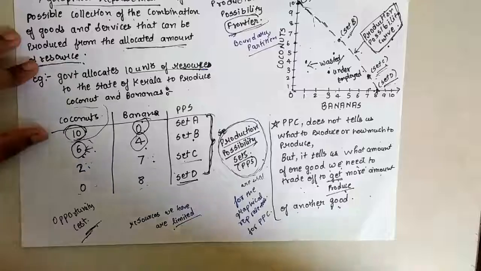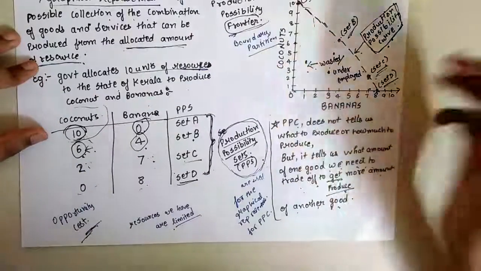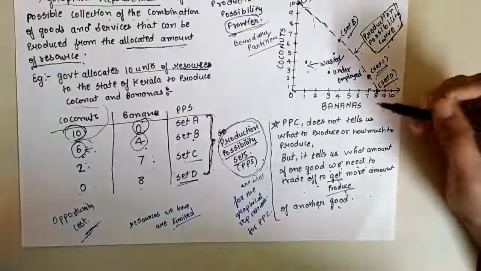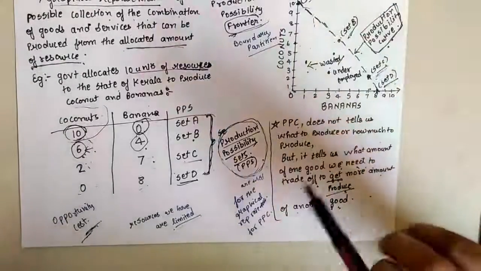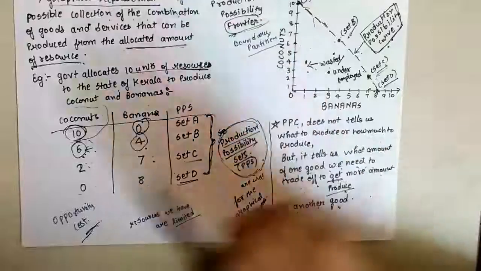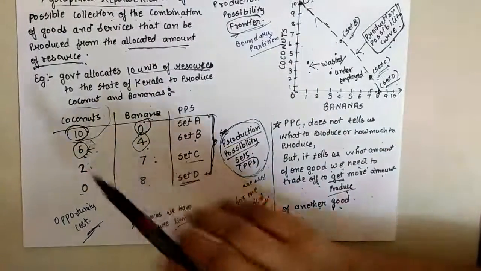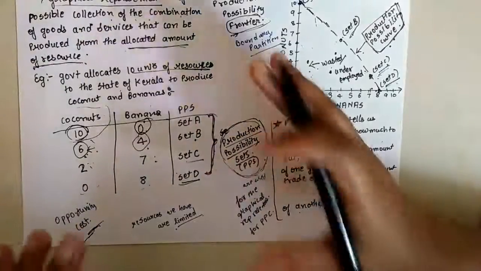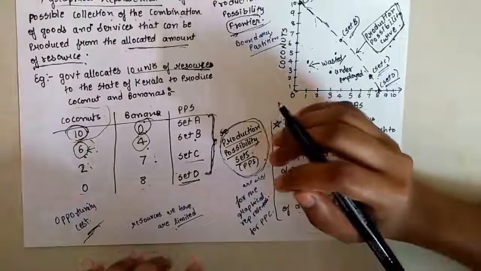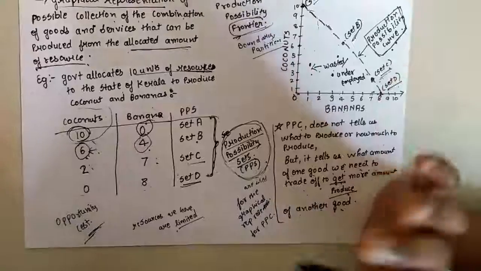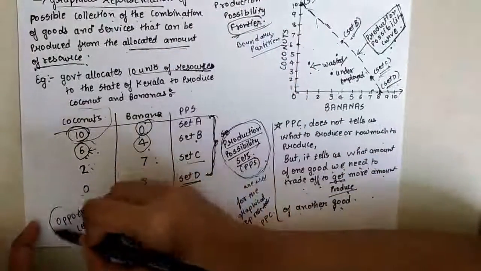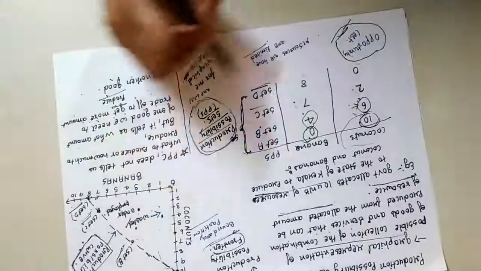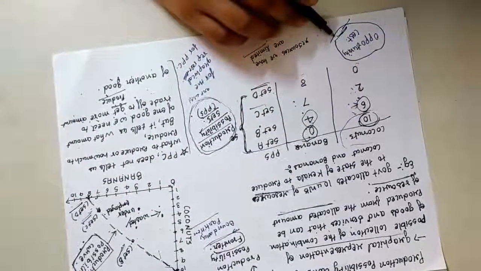The curve shows the trade-off between two bundles of goods, because if we want more coconuts, then we have to let go of some amount of banana. That means we need to make a decision between two alternatives, which is also called opportunity cost. The trade-offs can also be called opportunity cost.